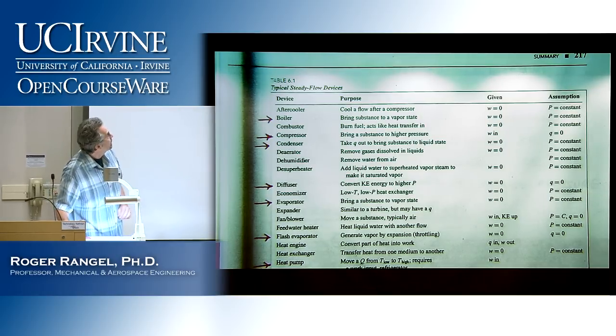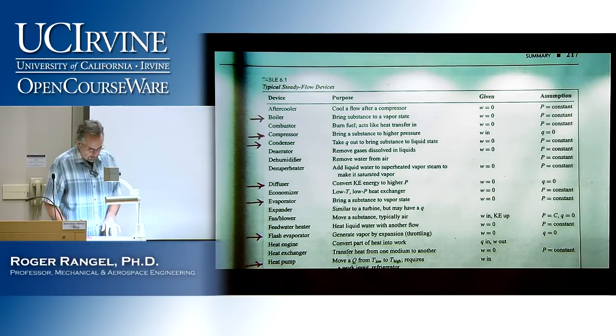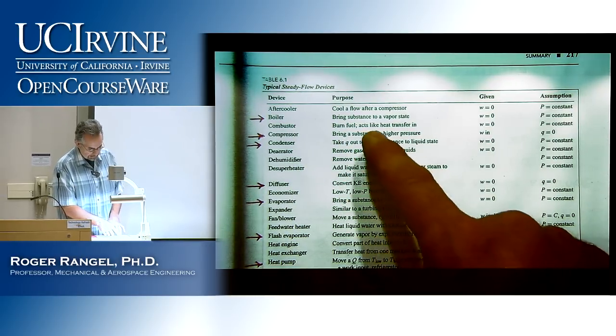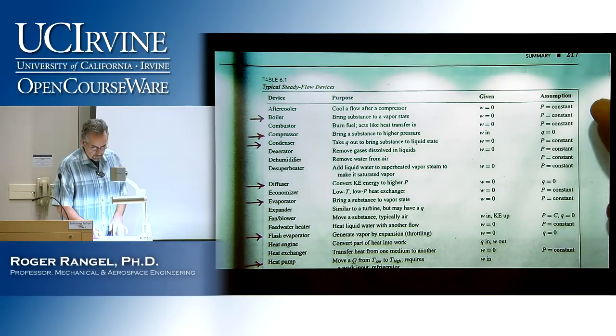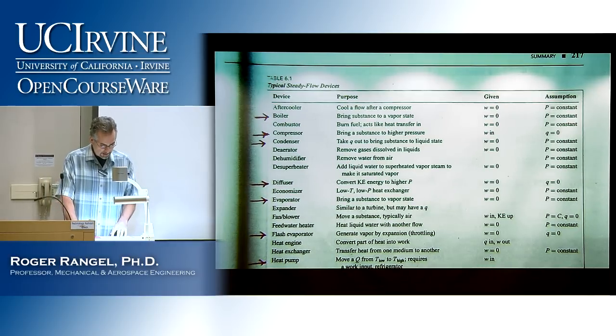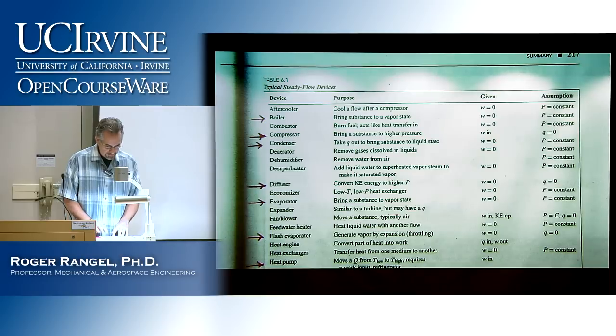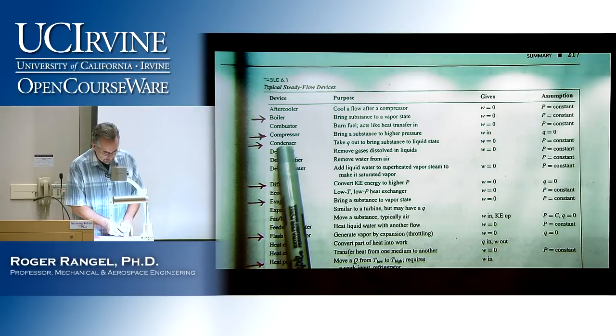Another good thing that you should look at in this table, in addition to giving you the name of the device and telling you what the purpose of the device is, is that it will also give you typical assumptions that are made in applying the first law of thermodynamics to that device. For example, let's say I pick the compressor.